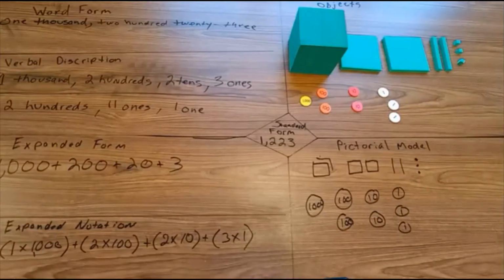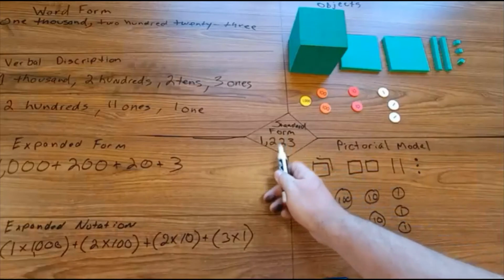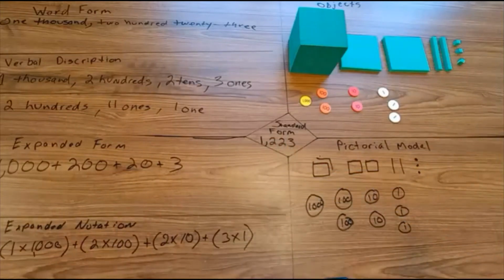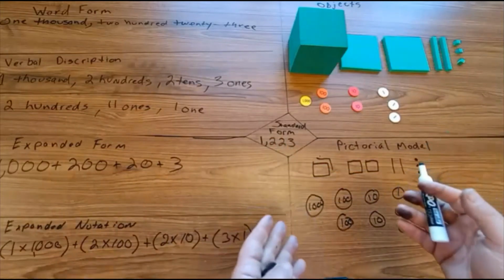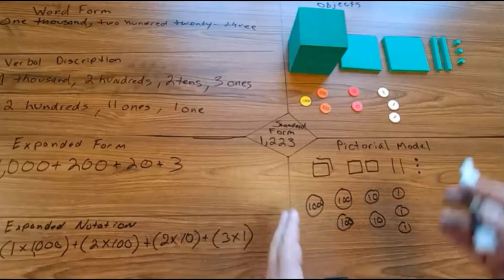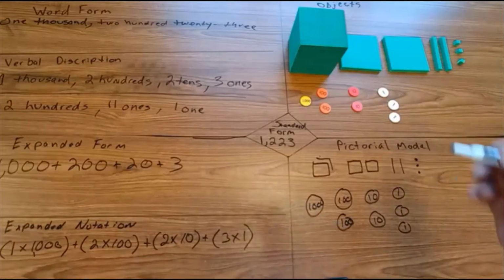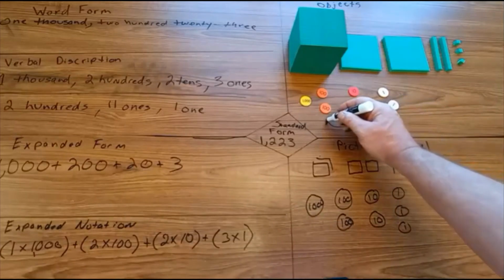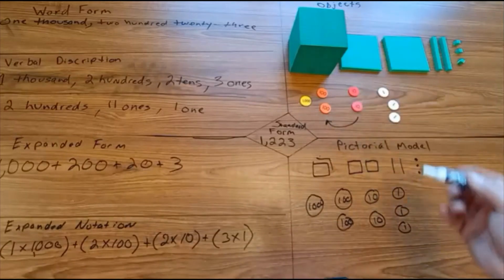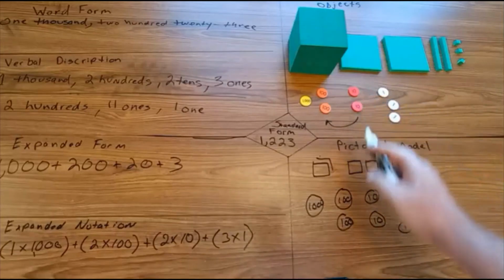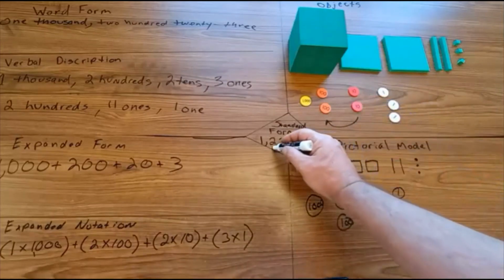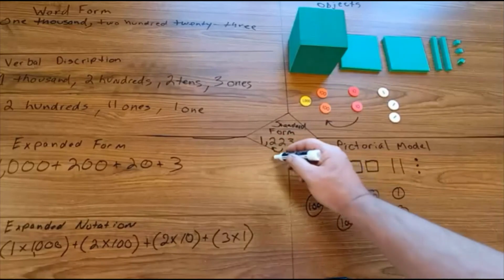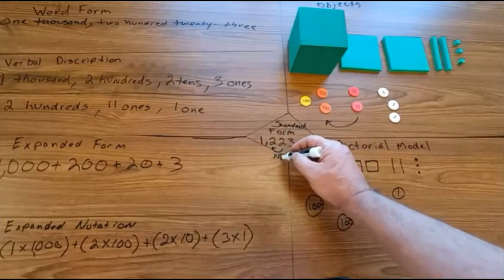I'm going to show you the relationship between the place values. Okay, and if you look right here, I have a 2 in the hundreds place and a 2 in the tens place. So whenever I'm trying to tell the relationship between those places, okay, and whenever I'm going this way, when I'm going up in place value, and I have the same digit in both places, whenever I go that way, I'm multiplying by 10.